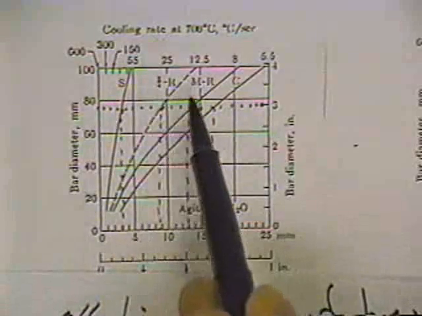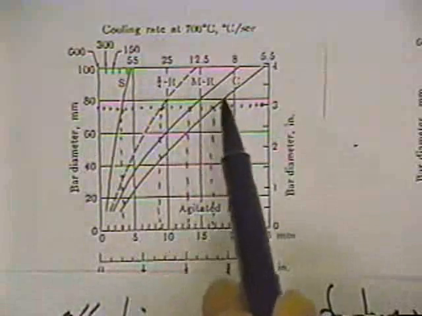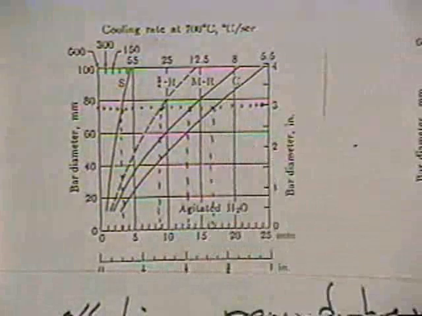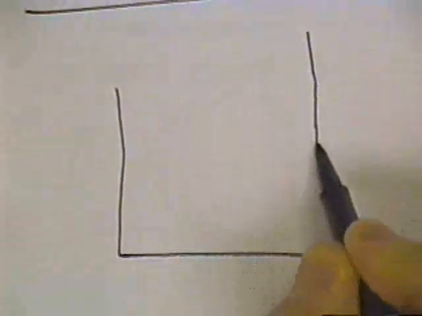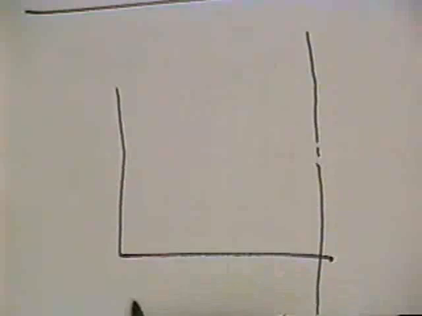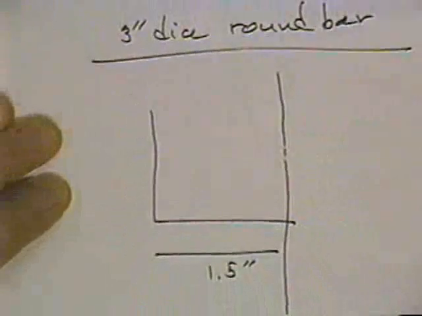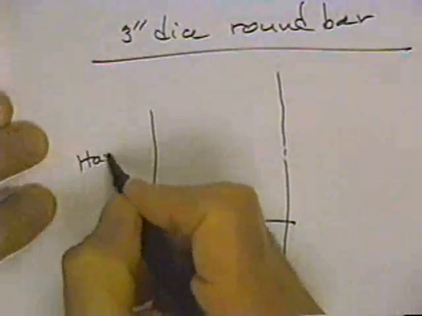This is at the 3/4 radius, this is at the mid radius, and then this is at the center. So what we're going to be able to plot here will be the hardness on this 3-inch diameter rod for 1.5 inches, and you would expect it to be symmetrical about this.